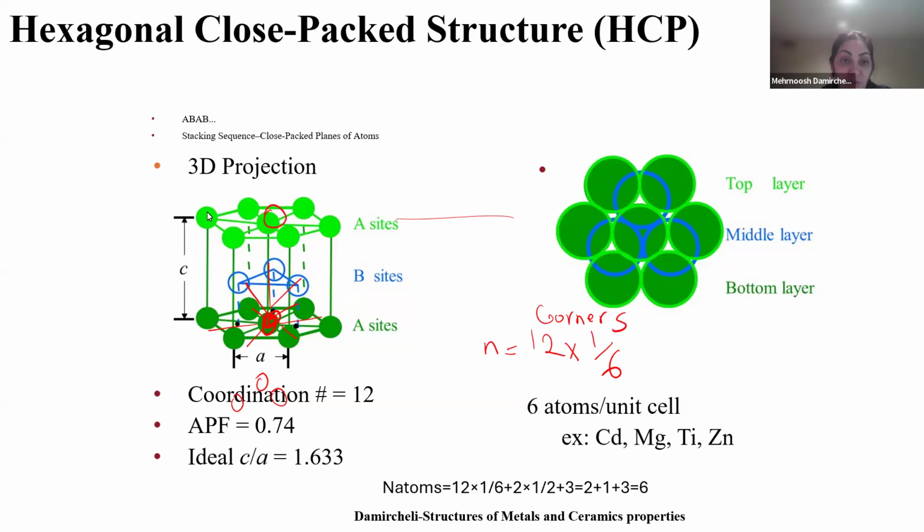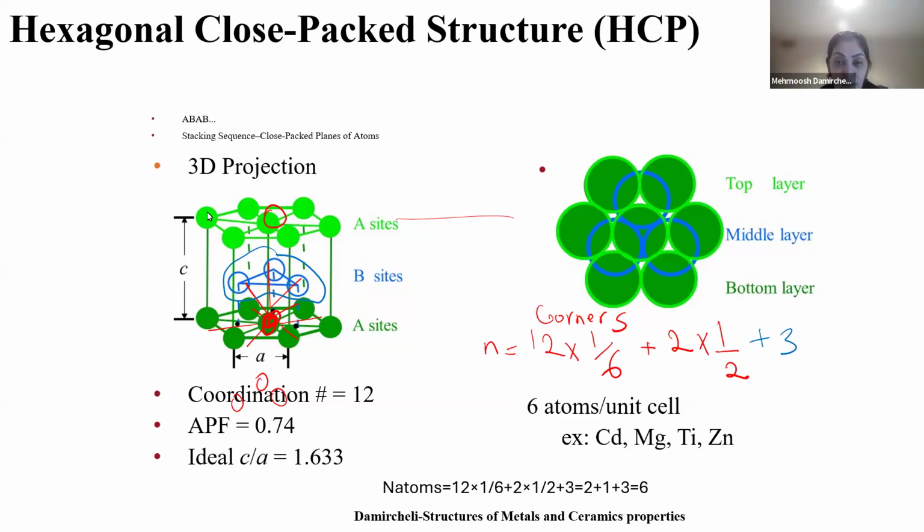For the center of the surfaces, each is common to 2 cells, so we have 2 at the surfaces, times 1 over 2. And we have 3 inside, shown in blue, that 100% belong to this cell.